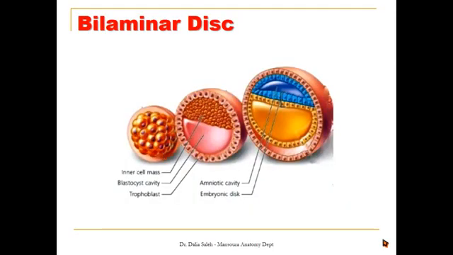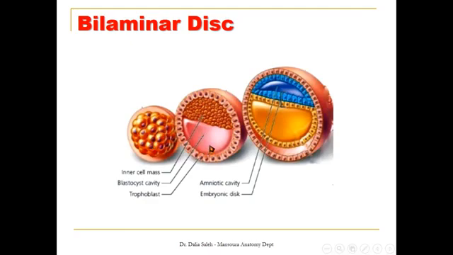If we look at this diagram, we can see the different stages of development. Here, this is the morula stage. It's a ball of cells contained within the zona pellucida, about 16 to 32 blastomeres. When they acquire a cavity, they form the blastula or blastocyst.